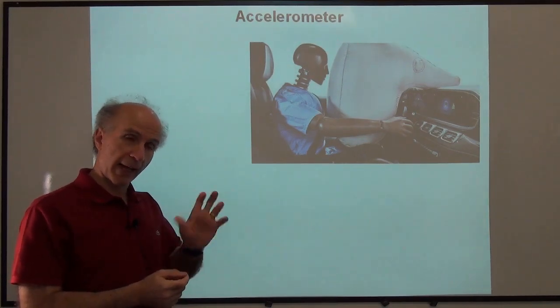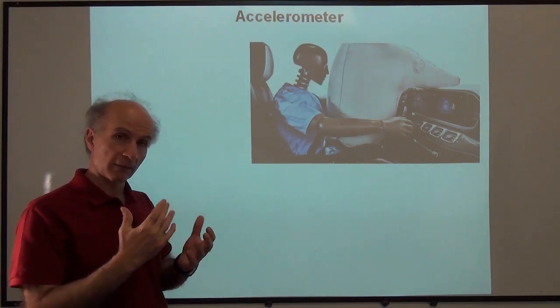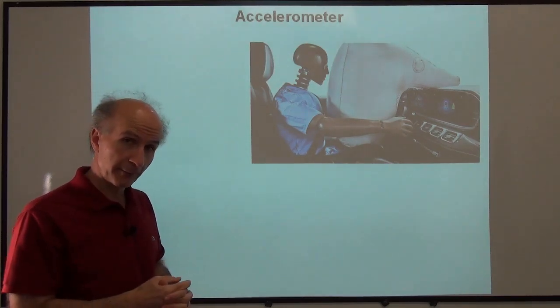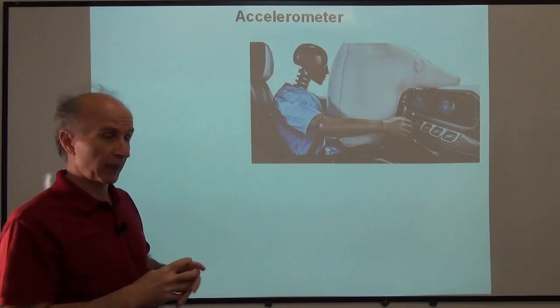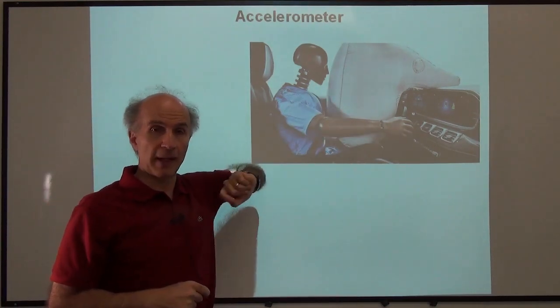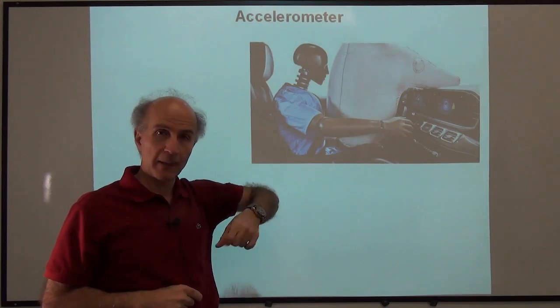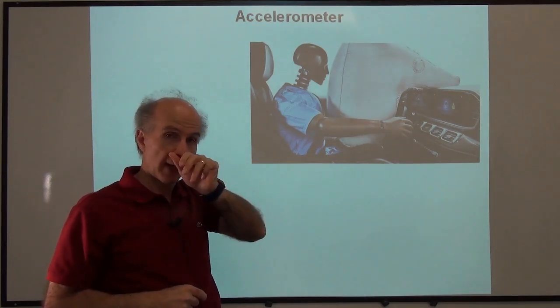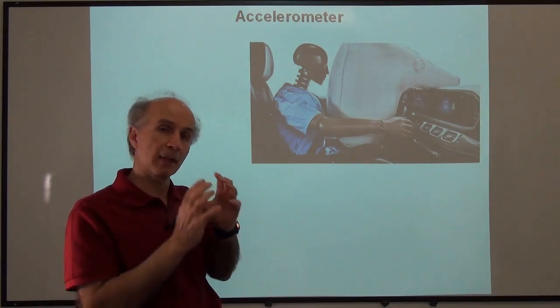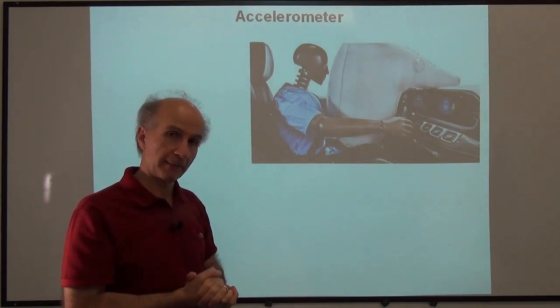In particular, if there's an accident, the velocity suddenly drops, the acceleration is a large negative number, and based on that, we can release the airbags. So inside each of these airbags, we have an accelerometer that measures the acceleration, and if it's too much, it shows that an accident has happened and it releases the airbag.